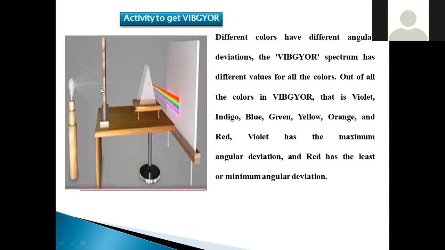In between the cardboard and whiteboard, we placed one prism, and now this white light is allowed to fall on this prism. This prism is able to split the light into all 7 colors. That 7-colored stream of light will be reflected on this wall, right? In this way, we are going to perform this activity to disperse the light into all 7 colors.